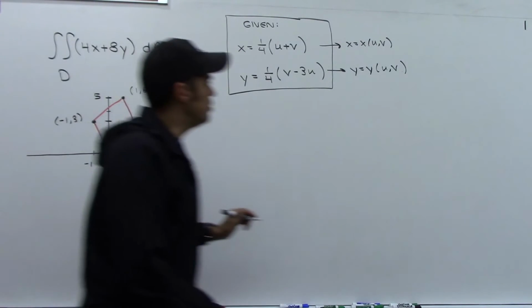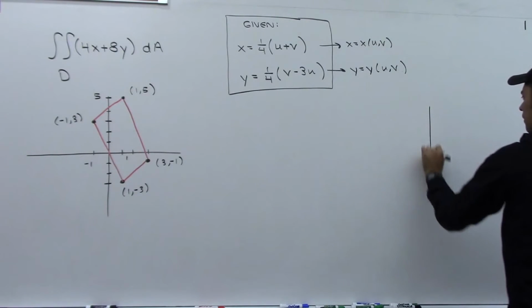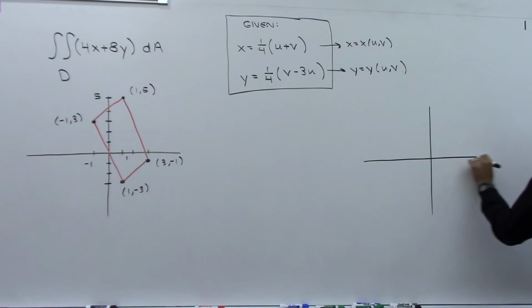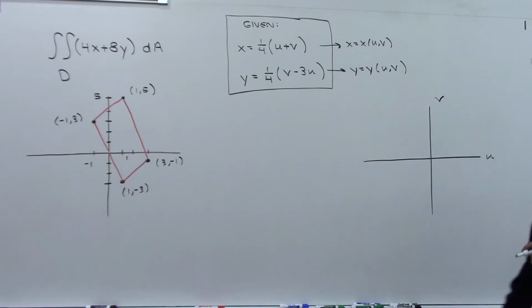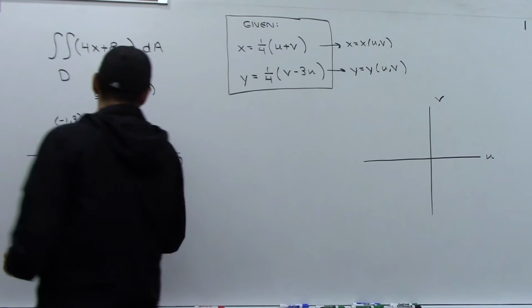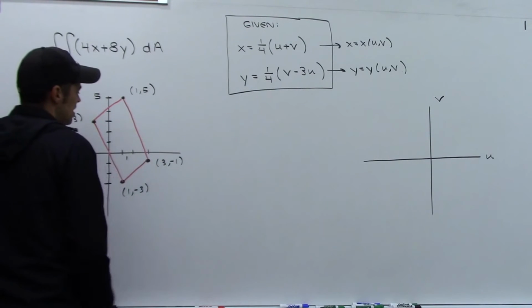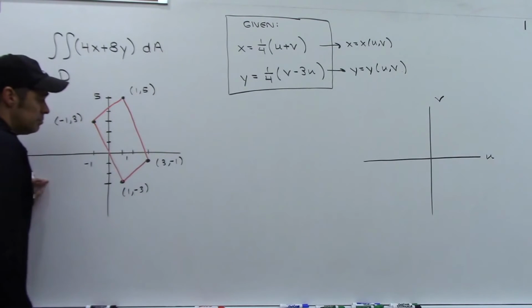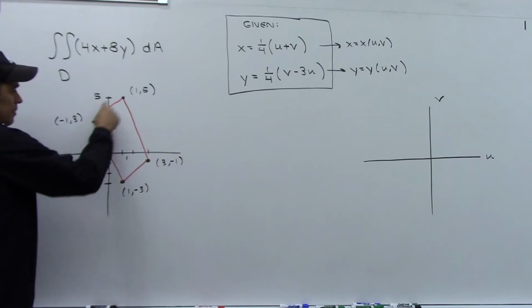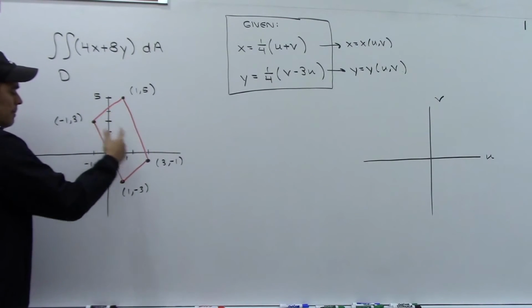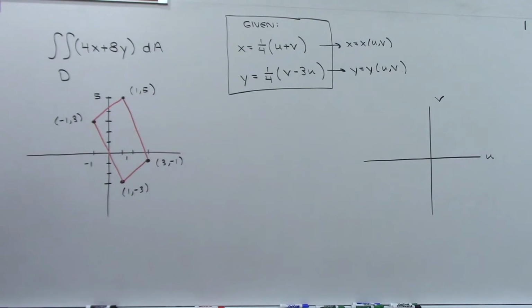What does it turn into over here in this new transformation into the UV plane? So what I could do is I could pick a point and I could say, where does that point go? That would take forever though, because I have an infinite number of points. So instead what I'm going to do is I'm going to look at these line segments for my parallelogram. I'm going to see where they go under the transformation.